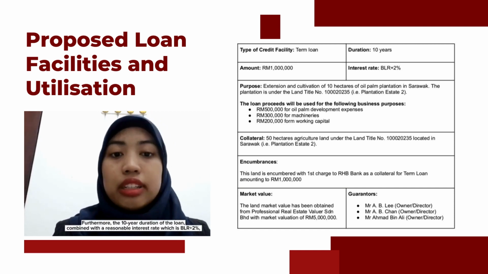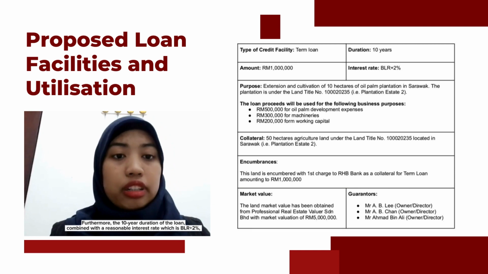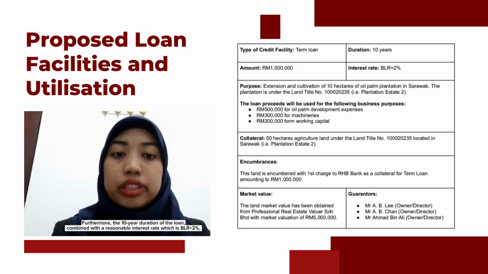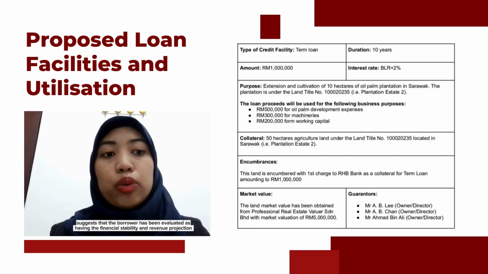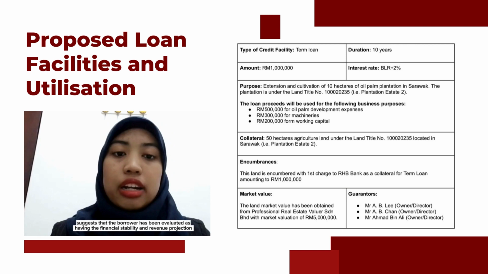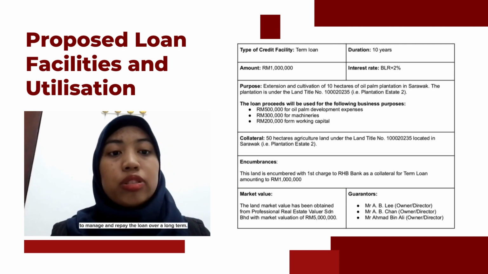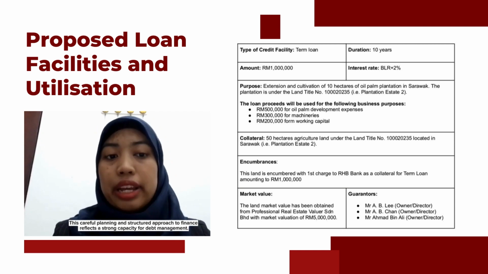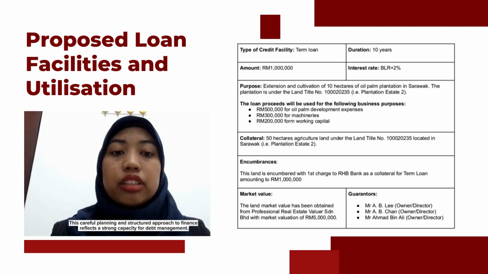Furthermore, the 10-year duration of the loan combined with a reasonable interest rate of BLR plus 2% suggests that the borrower has been evaluated as having the financial stability and revenue projection to repay the loan over a long time. This careful planning and structured approach to finance reflect a strong capacity for debt management.